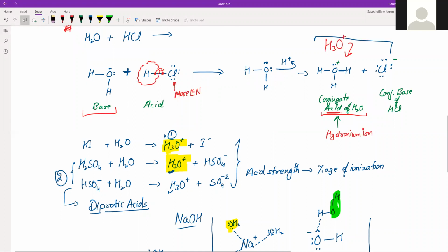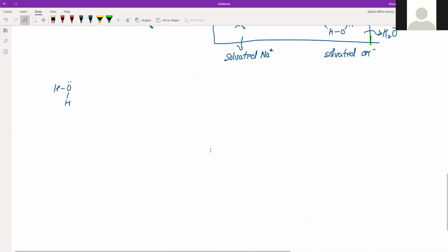From this step onwards, what happens here is that this hydronium ion reacts with the chlorine negative ion, which again has these lone pairs, and it has a negative charge as well. That reacts with NaOH. Now, how does that NaOH behave?